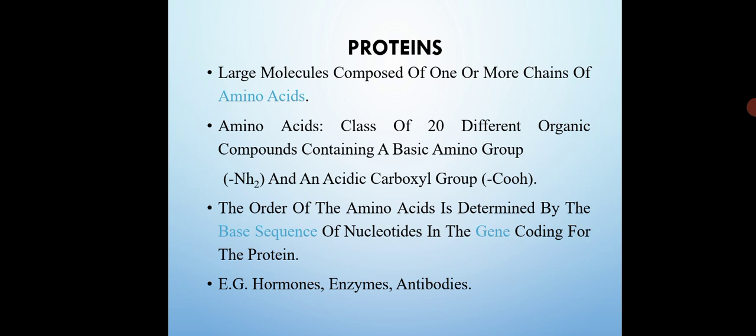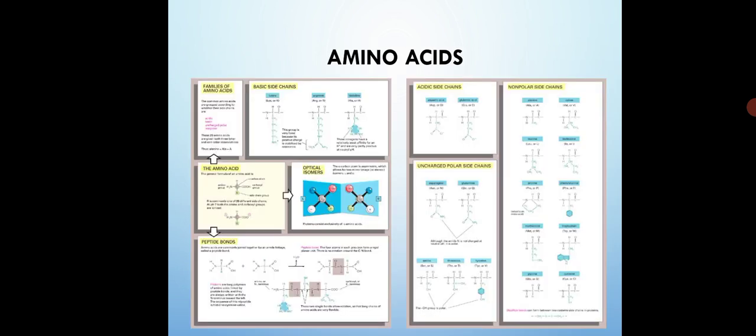The order of the amino acids is determined by the base sequence of the nucleotides in the gene coding for the protein. Examples are hormones, enzymes, and antibodies. And this is the structure of 20 different amino acids, as you know. And this is the protein structure.